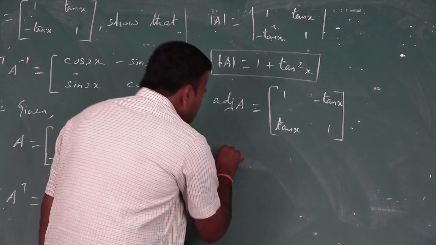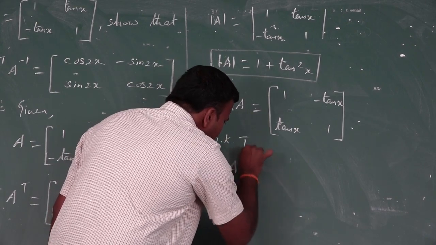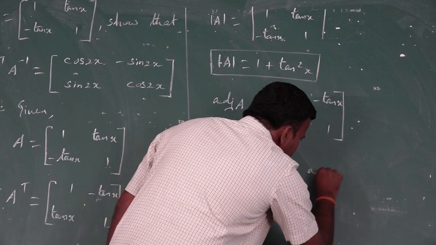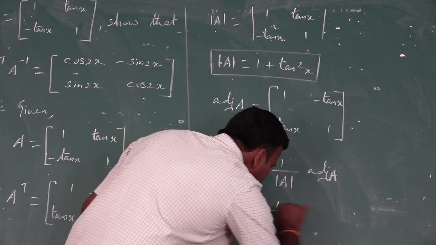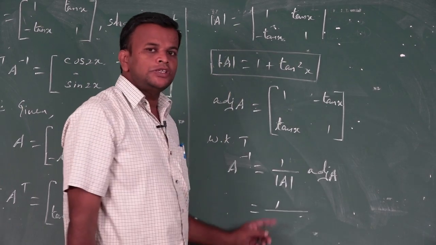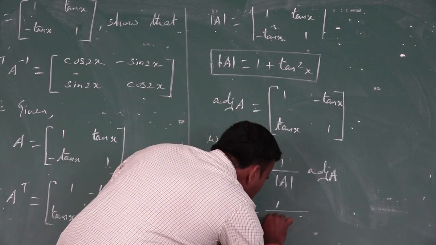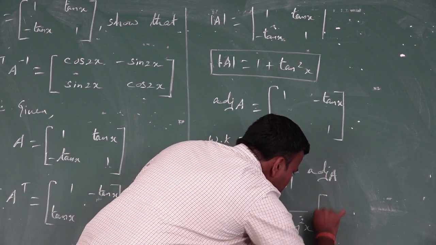Next, we write the formula of A inverse. The formula of A inverse is 1 by determinant A into adjoint A. What is the value of determinant A? The value of determinant A is 1 plus tan square x.